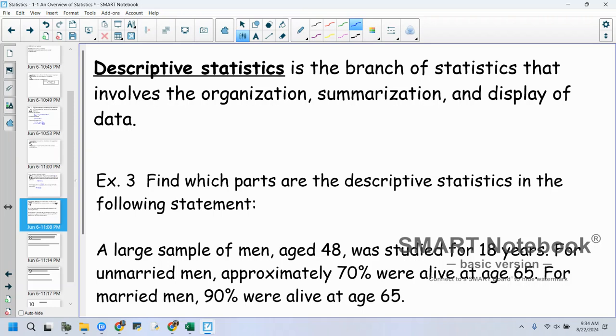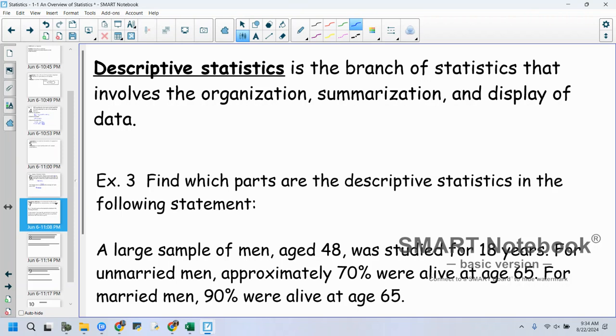We are not drawing conclusions. We are not making opinions. We are not putting any sort of spin or slant on the data. We are not saying anything about the data. All we are doing is presenting it, letting the reader decide for themselves what they can draw. Just presentation of the data. That is descriptive statistics: organization, summarization, display of the data.